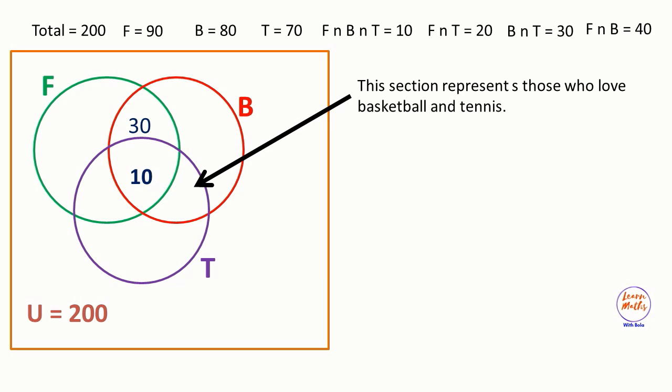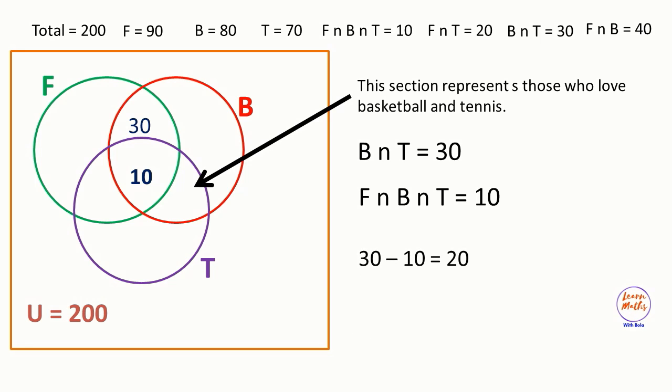So it will follow the previous one where we have those who love basketball and tennis are 30, and that includes those who love basketball, tennis, and football. So we'll be removing that 10 from the 30 to get 20. And we'll write our 20 in the section.